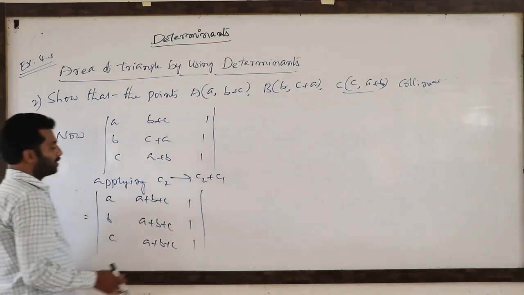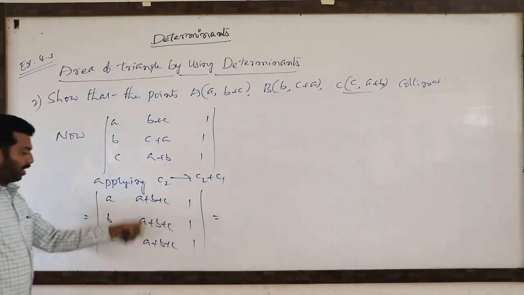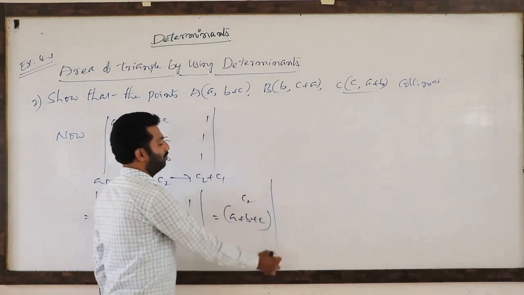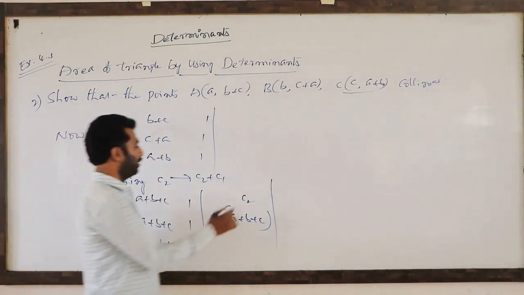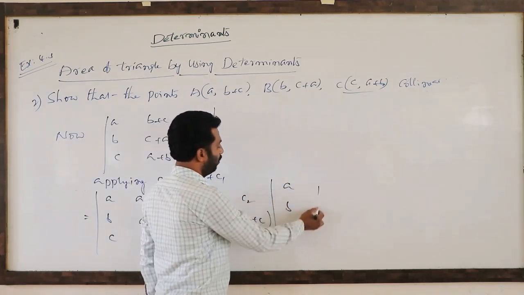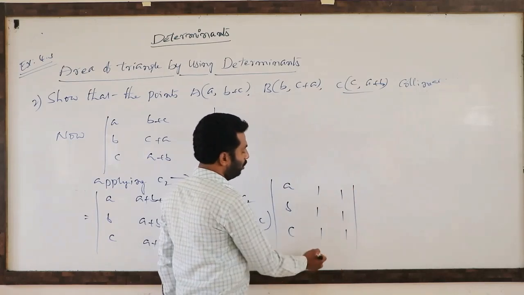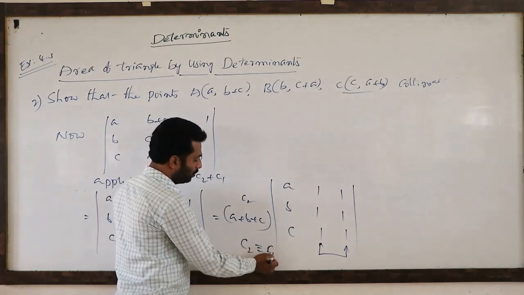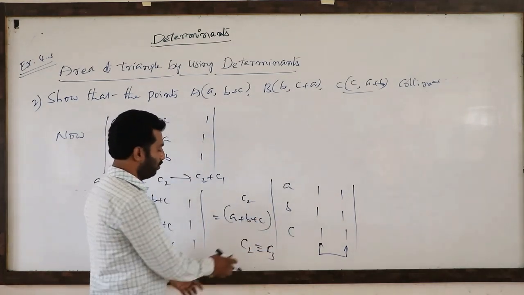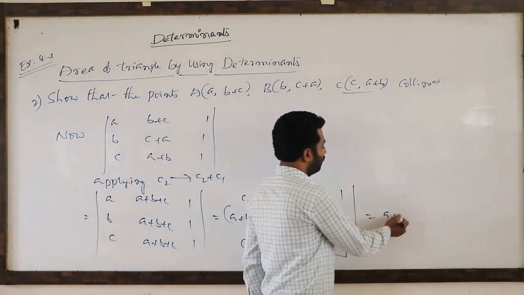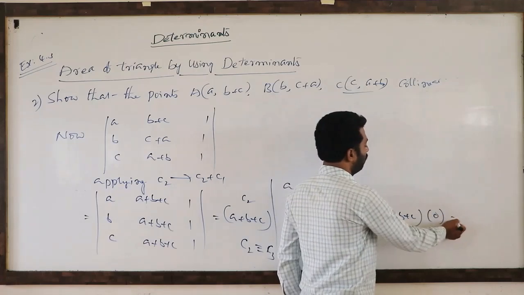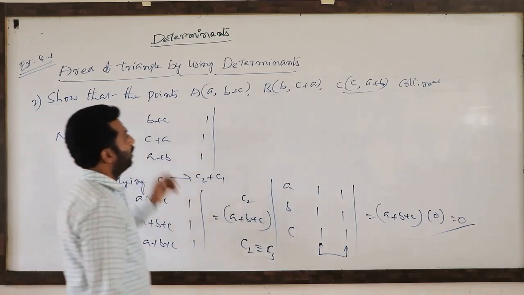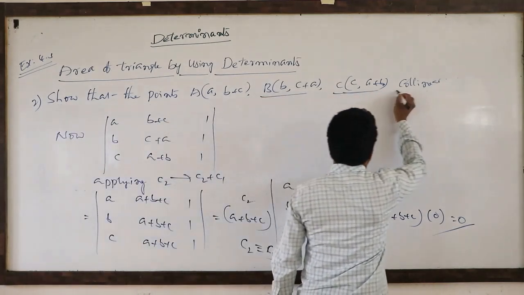Very clear, in the second column a plus b plus c is common. If I take a plus b plus c common from the second column, what is left is a, b, c in the first column and 1, 1, 1 in the second. So the columns C2 and C3 are identical, which means this determinant is 0. Finally we get a plus b plus c into 0, which is 0. So this determinant equals 0, and clearly these three points are collinear.